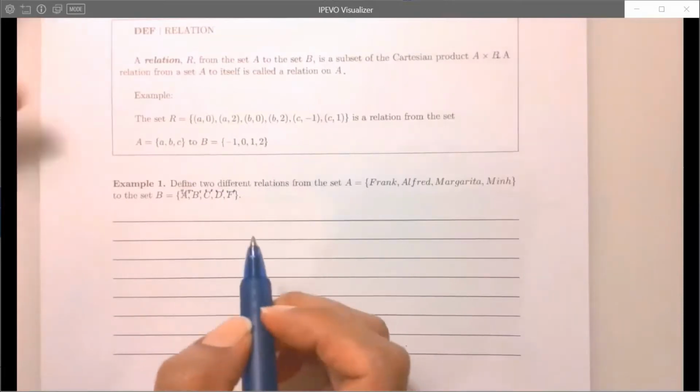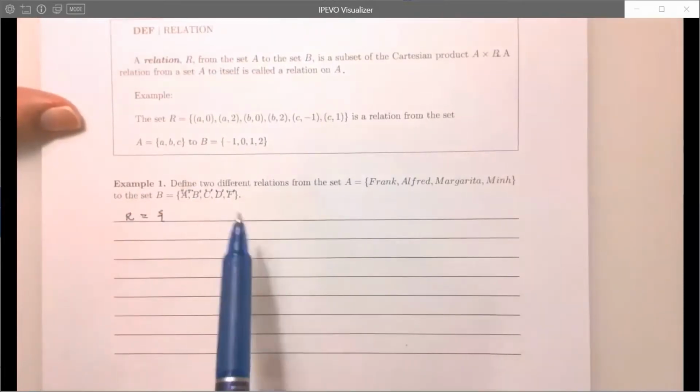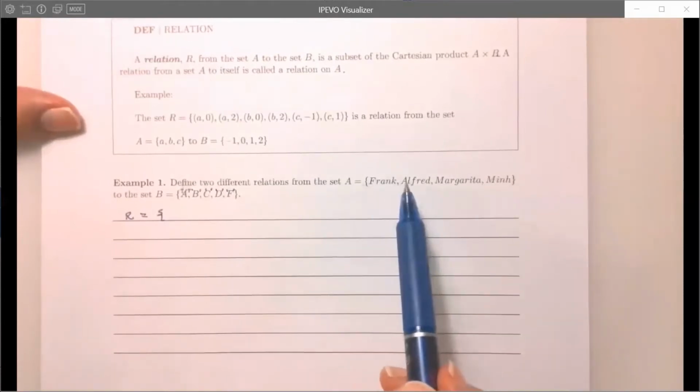One possible relation, again, remember, it's just a subset of the cross product.